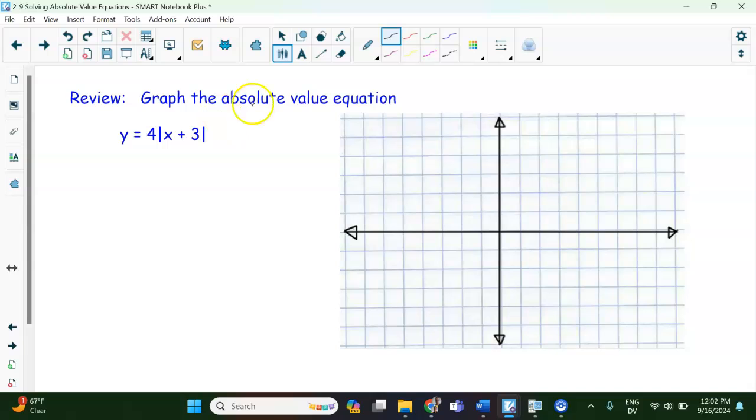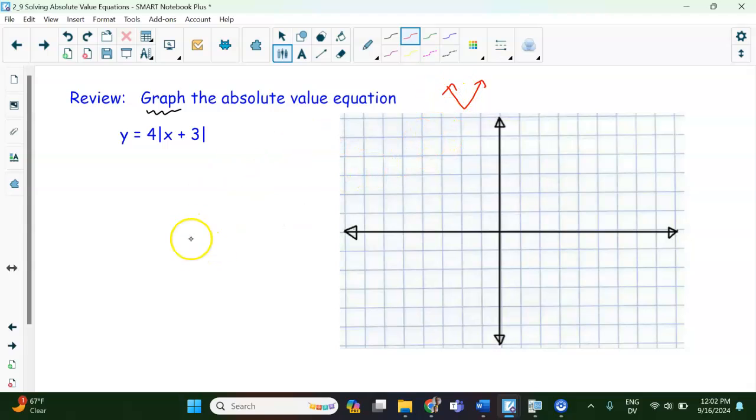Okay, so we were doing absolute value equations, solving them, but we're going to go back and remember how to graph them. I encourage you to pause the video and see if you remember how to graph this before moving on. All right, so hopefully you had a chance to try it. But absolute value equations, their graphs are the little V's.